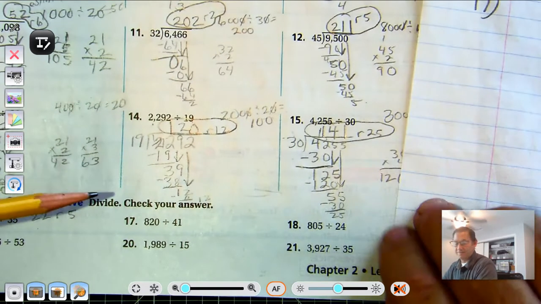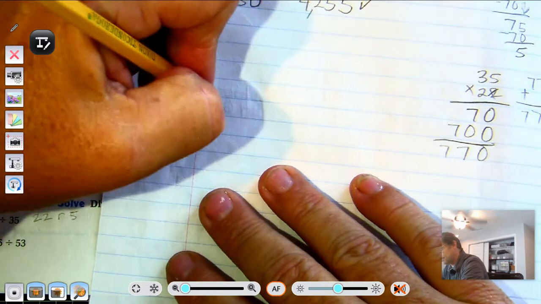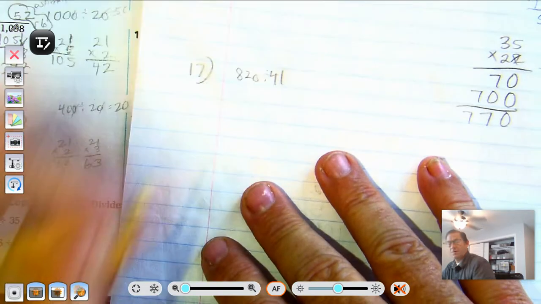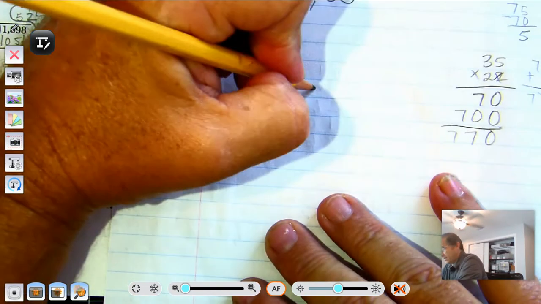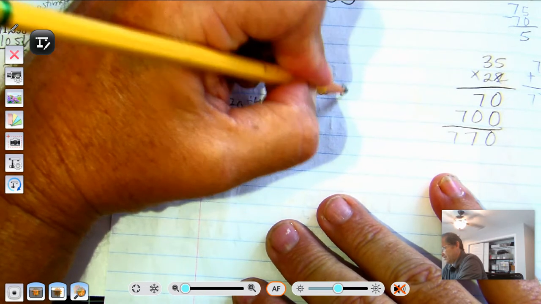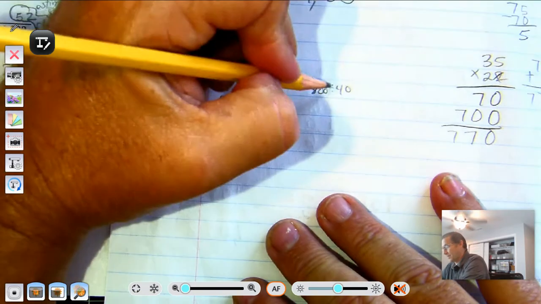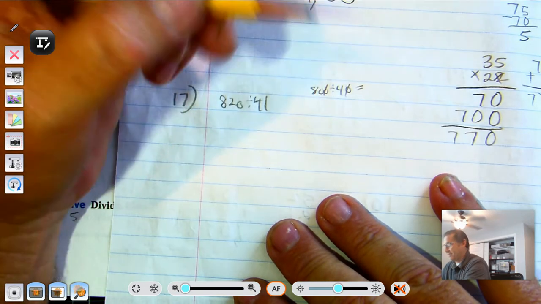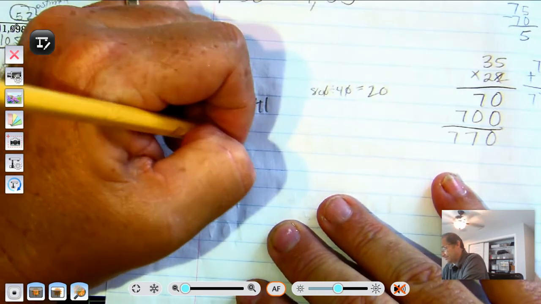Number 17 is 820 divided by 41. All right. So my estimate would be 800 divided by 40. 80 divided by 4, 20.